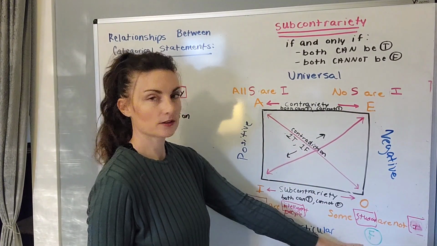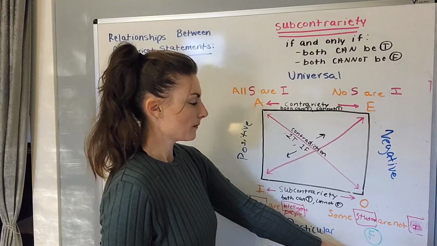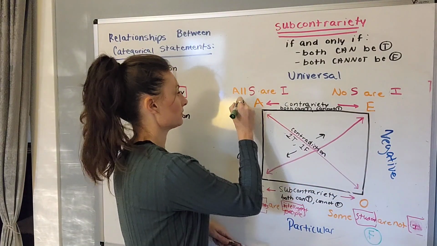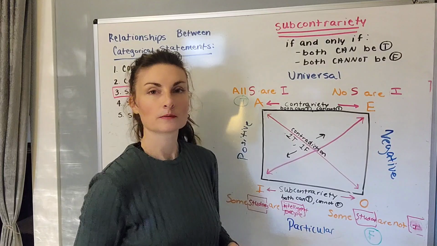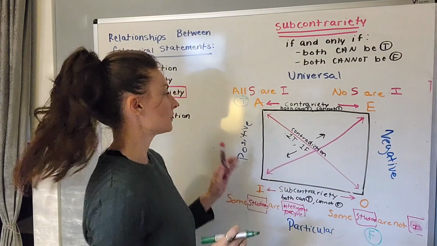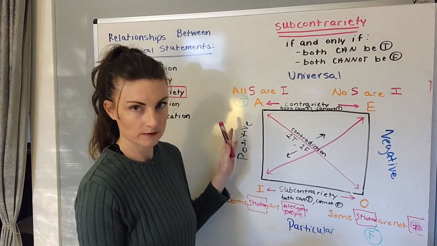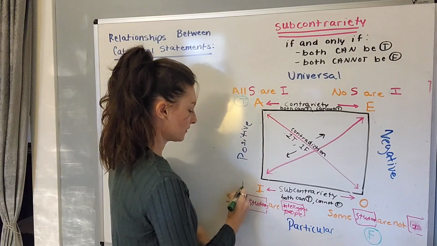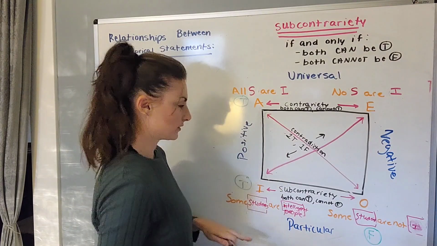If we say this one is false, by rule of contradiction up here, this one would have to be true. Now, by rule of implication, which we haven't covered yet, if the universal is true, it implies the truth of the one below it. So this one would have to be true.